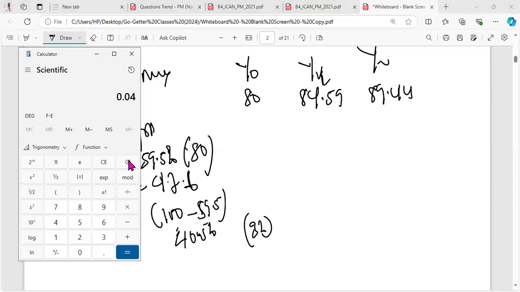0.405 multiplied by 84.59 will give me 34.26.